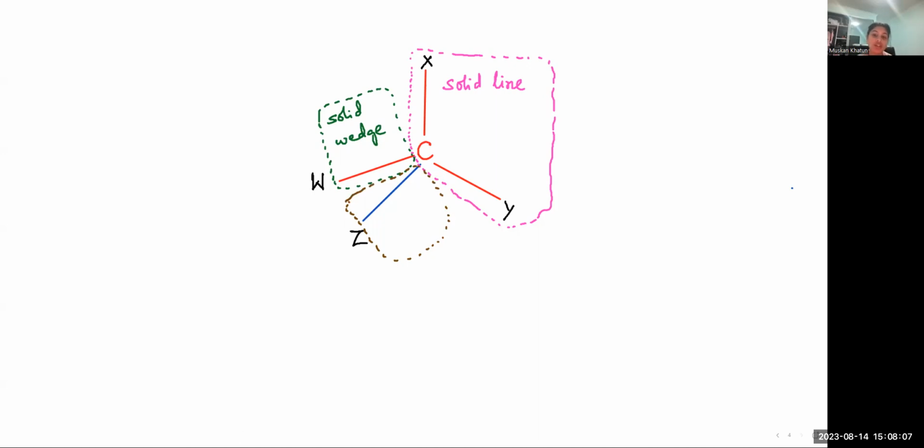It's dotted, or I can call it hashed. So W was supposed to be the wedge, the thick one. So this basically is the hashed wedge.